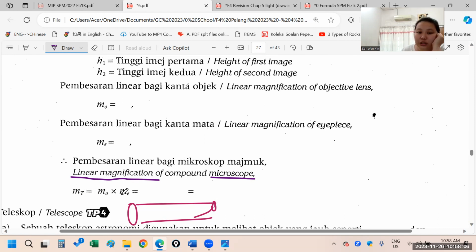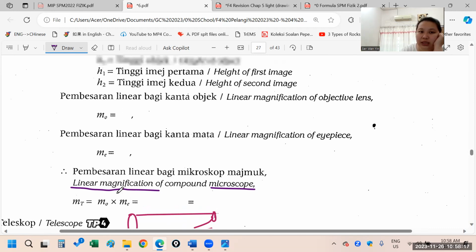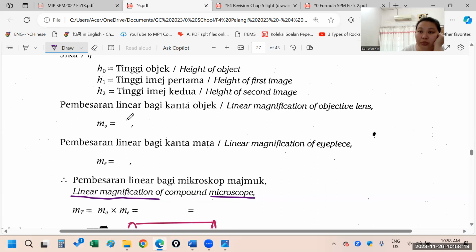So the magnification for this microscope is MO times ME. Okay, MO times ME. Then what is MO? MO means height of image 1 divided by height of object. Then what is ME? ME is height of image 2 divided by height of image 1.